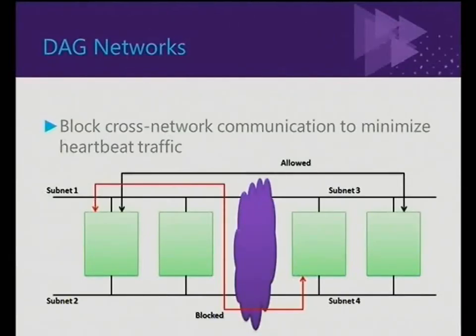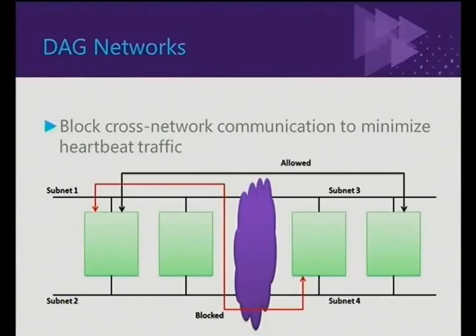And that becomes a challenge in a DAG that has multiple network cards in it, particularly if you have a large DAG that's extended across multiple sites. We know that the DAG can go up to 16 members. And if you've got 2 NICs in each of your DAG members, that's 32 interfaces over which heartbeat traffic will occur. Now, we don't want heartbeat traffic to cross networks.